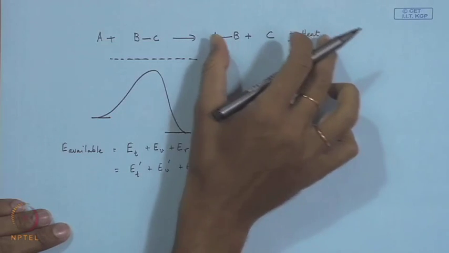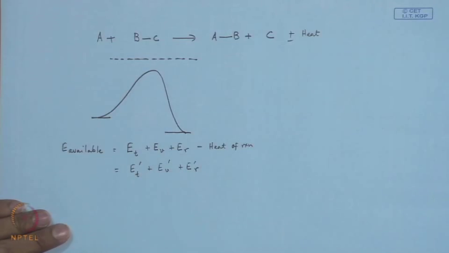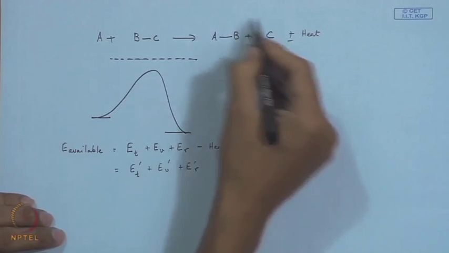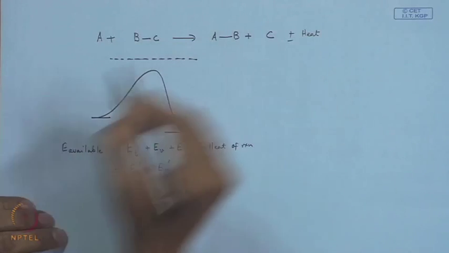If you add up here, then it must be conserved. So conservation of energy is very important for such a process to occur. And of course, it may be computed either in terms of reactants or in terms of products.